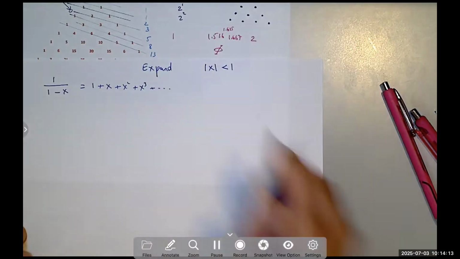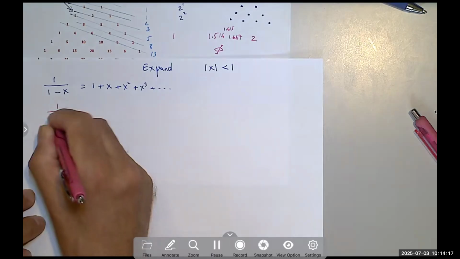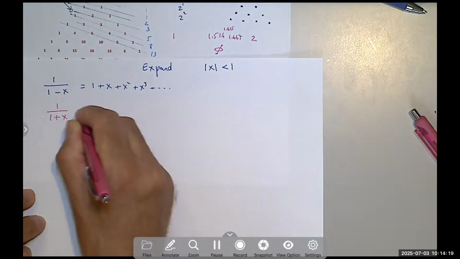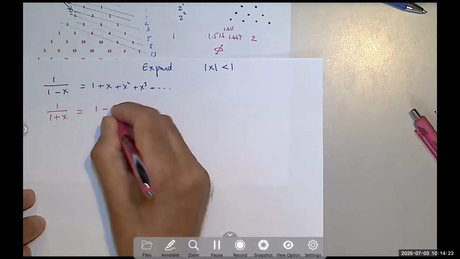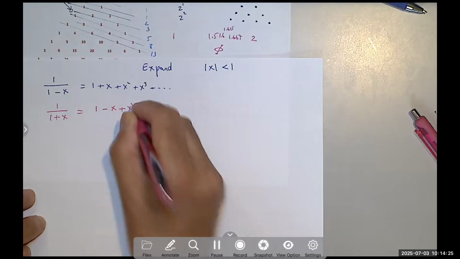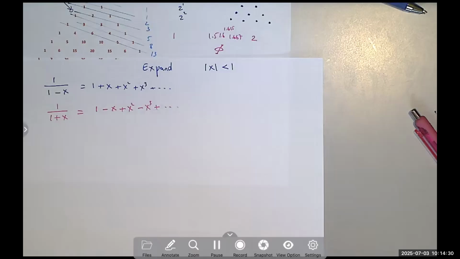Not only that, in red, I'm going to expand 1 over 1 plus x. If you divide by 1 plus x, you get 1 minus x plus x squared minus x cubed plus, till infinity. And you say, okay, nice, but why do I care?